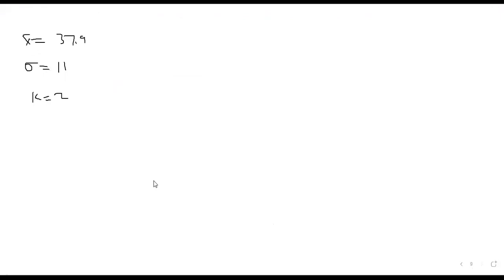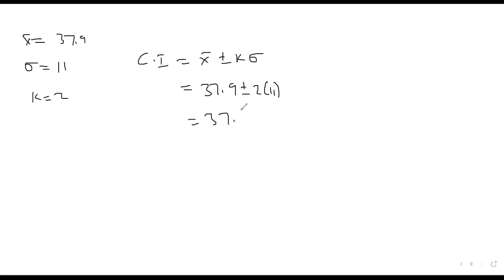So what is our confidence interval? Mean plus or minus K standard deviations, isn't it? So 37.9 plus or minus 2 times 11, which is 22. Together so far?